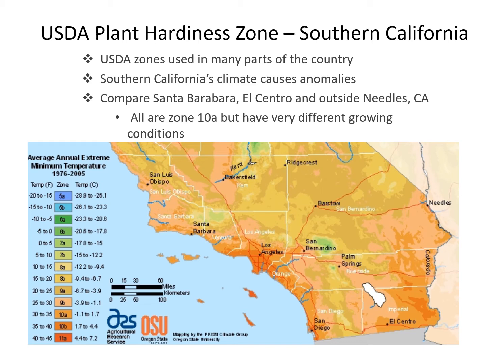And this works well in other parts of the country, but in our region, it can be problematic because it's based on low temperatures. If you look at places like Santa Barbara, El Centro, and outside Needles, you will see that they all have the same USDA zone, but yet have very different climates and grow different plant types.